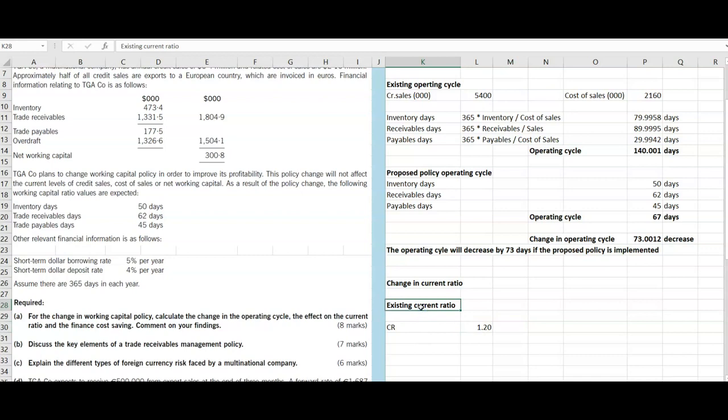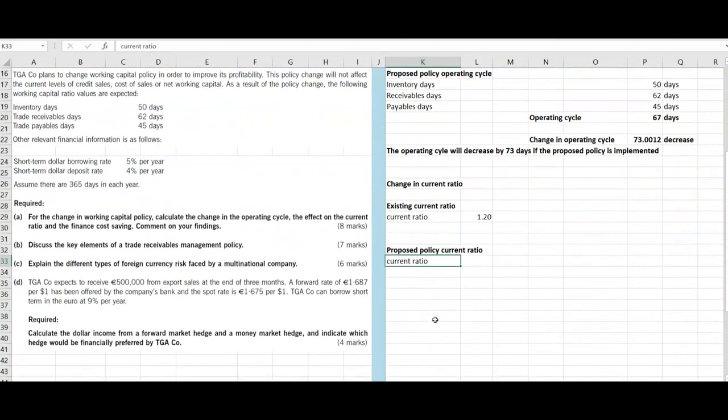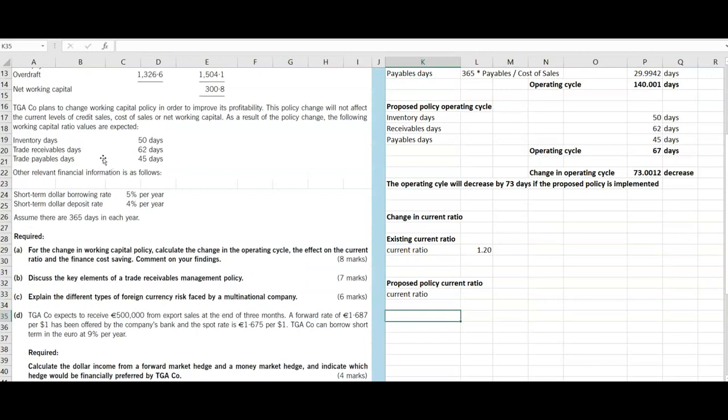So we'll find out the proposed policy current ratio. To work this out, we have to compute the numbers again, because these are given in days.